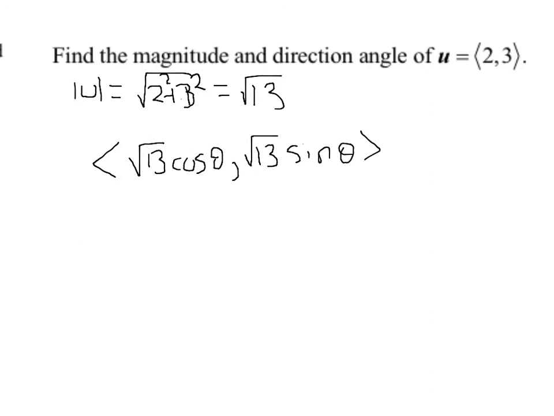Well, we know that square root of 13 times the cosine of the angle equaled 2, and the square root of 13 times the sine of the angle equaled 3. So you need to pick one of them to solve. So watch. Square root of 13 cosine theta equals 2.